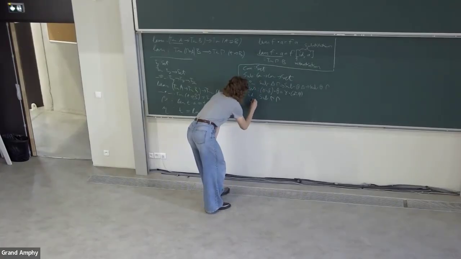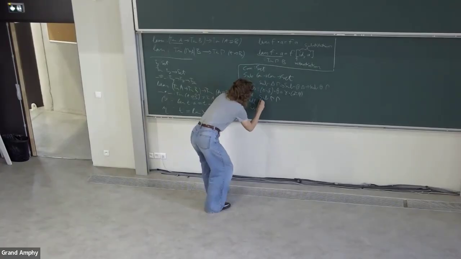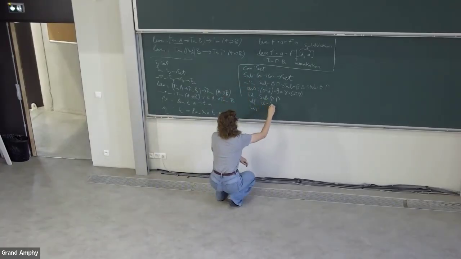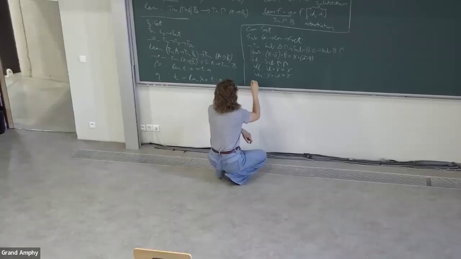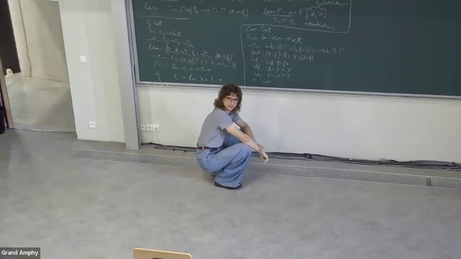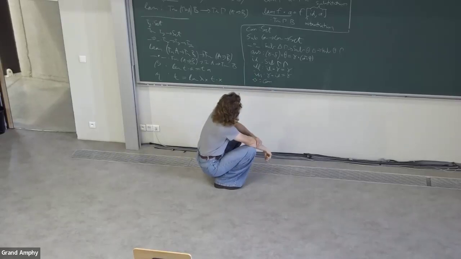Okay, and then we have left identity and right identity. So what is this? That if I compose identity on the left of a substitution, it remains the same, and if I compose on the right, it also remains the same. And then we have the empty context. I denote it with a diamond.